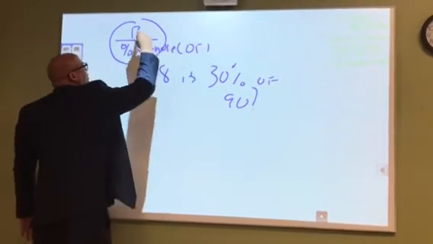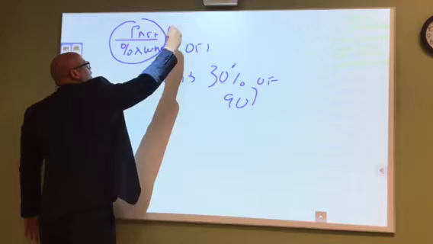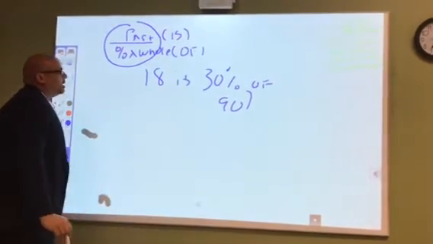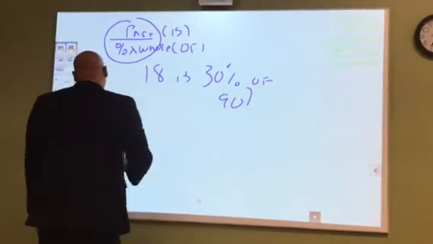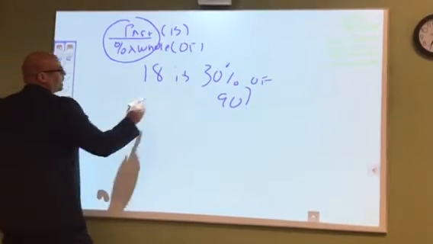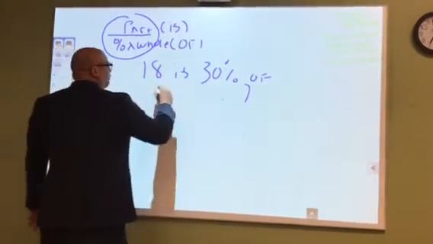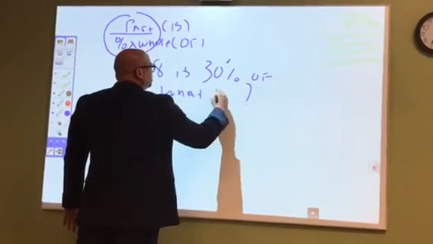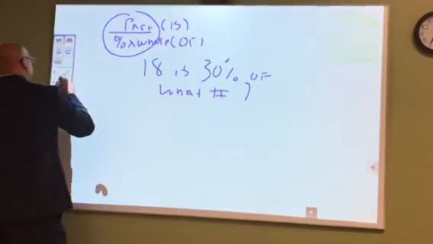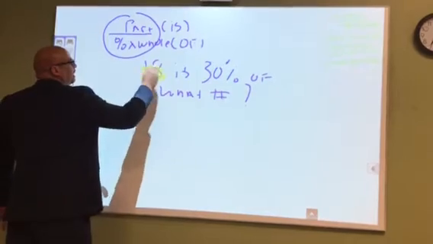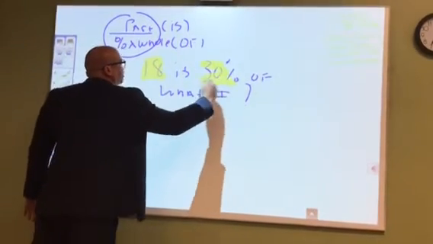Of. And part represents the word what? Is. Very good. So we have 18 is 30% of what number, I should say. What are the two numbers that we see on the board? 18 and 30.